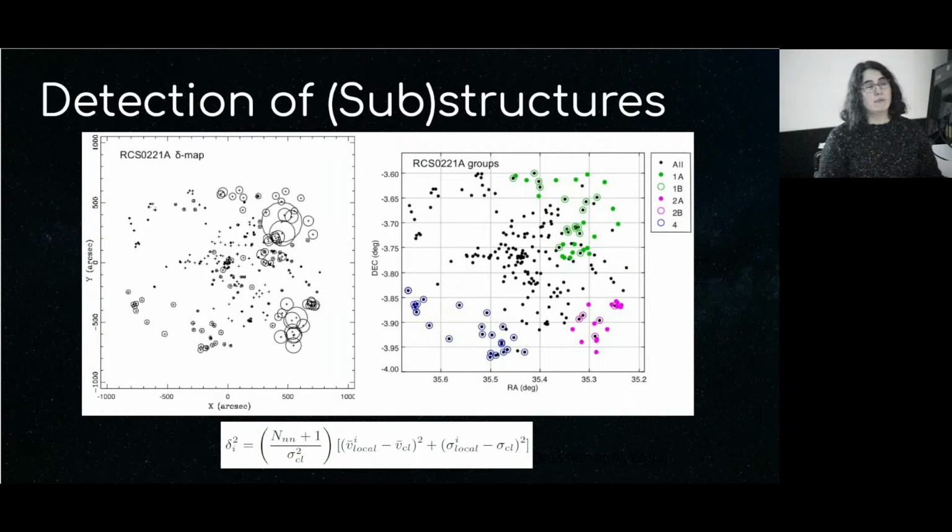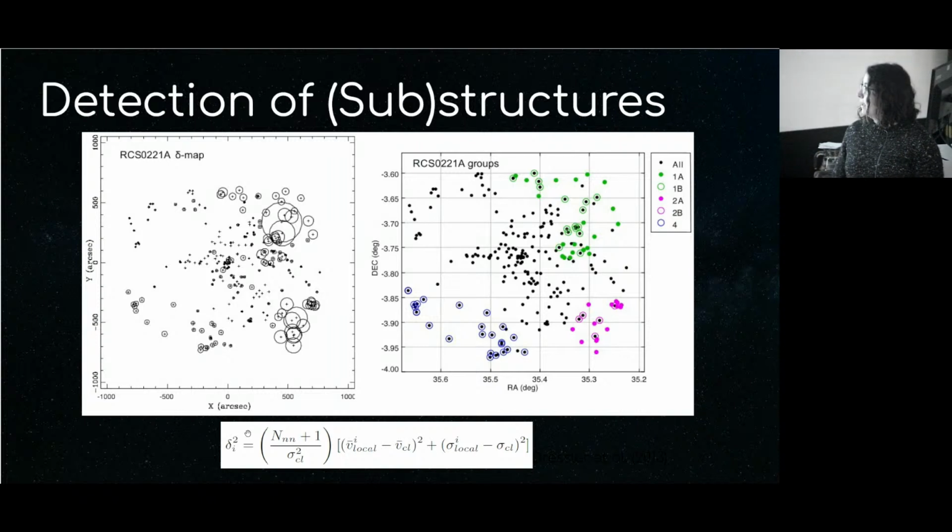The Dressler-Shectman test is a very powerful statistical test that needs the position of the galaxies and the spectroscopic redshift in order to compare the velocity of the galaxy with the velocity of the main cluster, defining a minimum number for the substructure.